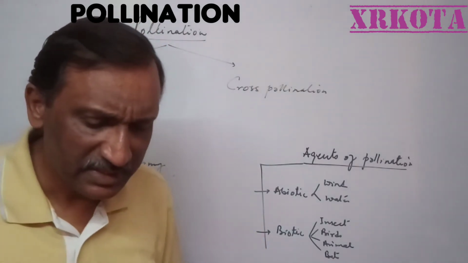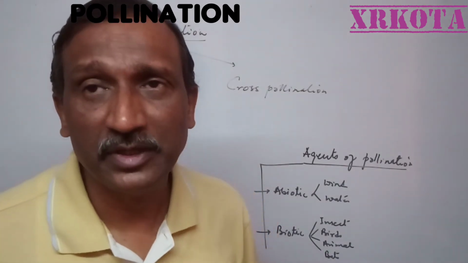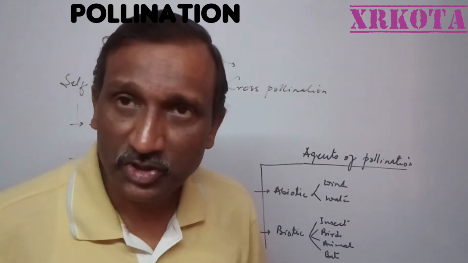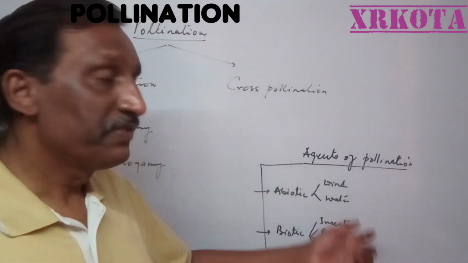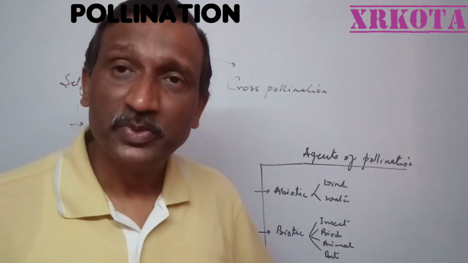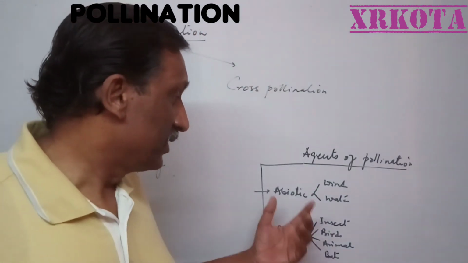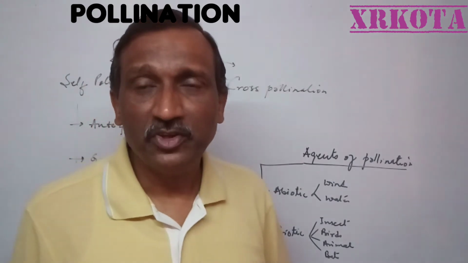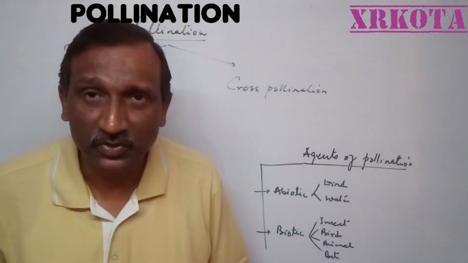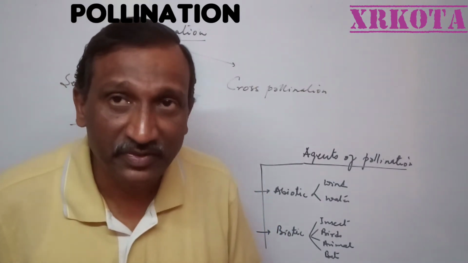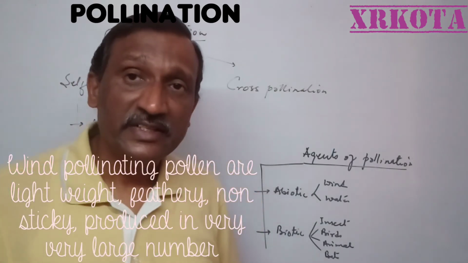In the previous class, that is in class 11th, we studied pollination in case of gymnosperms. That was essentially wind pollination. All the gymnosperms show only wind pollination, whereas in the angiosperms you will find only a few species which show wind pollination, mainly the grasses, the Graminae family, maybe wheat, rice, and maize.